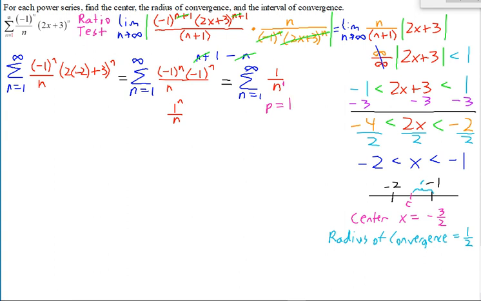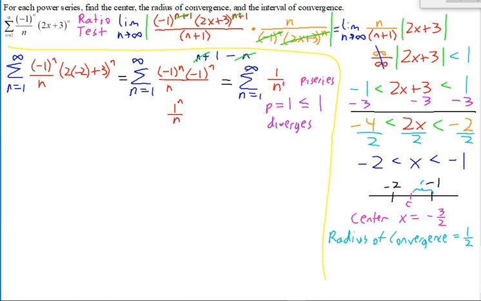And with the p-series test, if p is less than or equal to 1, then you know it diverges. It has to be greater than 1 in order to converge. So since it diverges, again, we're not going to add the equal to at negative 2. But let's try negative 1.